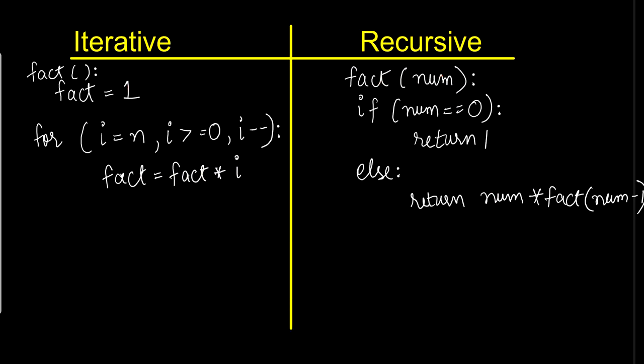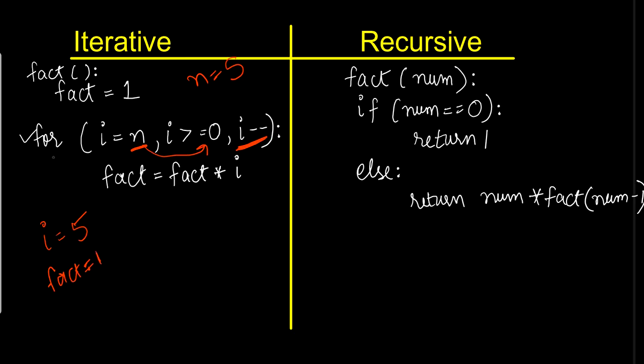Let's take the factorial example, where factorial, if you remember, we can solve in both ways, iterative and recursive. For iterative, I took fact equal to 1 and I put a loop where i starts from n and goes down to 0, decrementing by 1. Let's say n is equal to 5. So for 5 factorial we have 1.